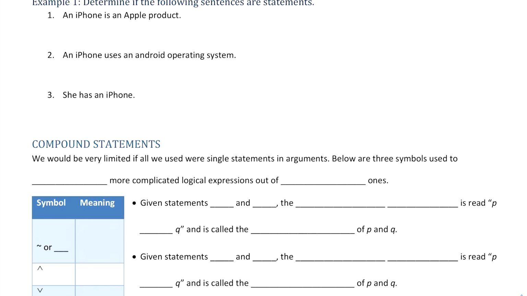An iPhone is an Apple product. Well, what do you think? This is a sentence, correct? Good. And is it true? Yes. So this is a true sentence, which would make it a statement by definition.